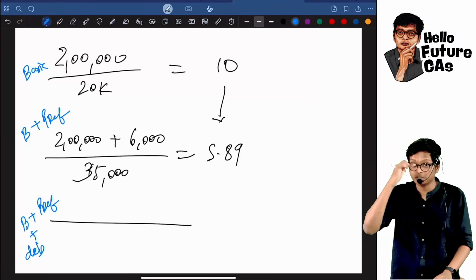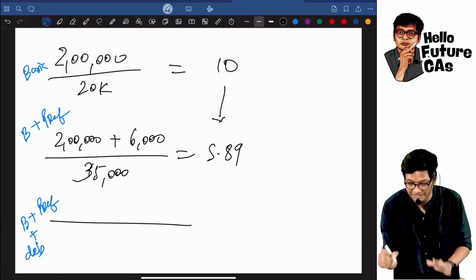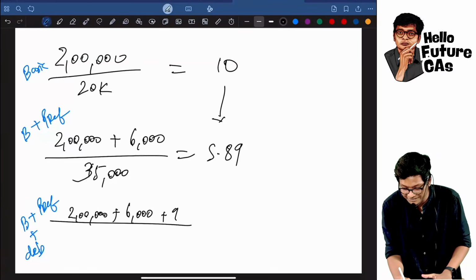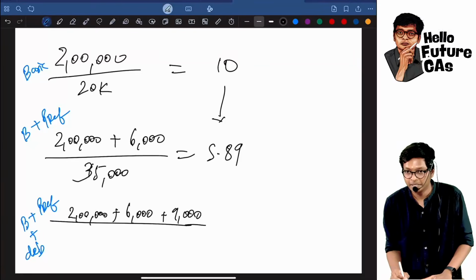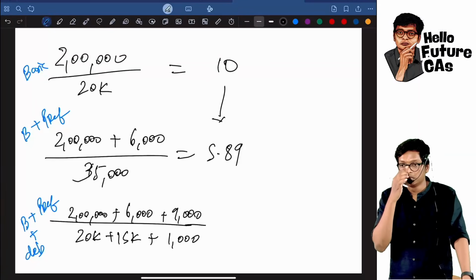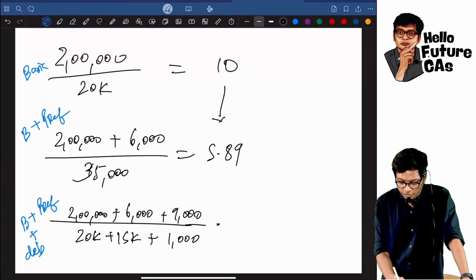What everybody will do on all the sums is this: 2 lakhs plus 6,000 of preference plus 9,000 of debentures. Denominator will be 20k plus 15,000 of preference plus 1,000 of what? Debentures.